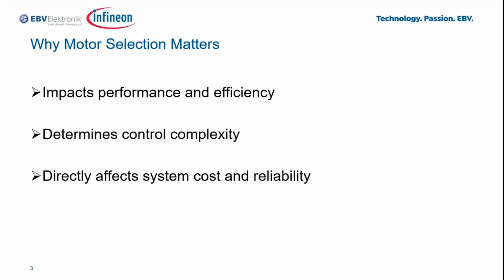With the right selection of the motors, it is not necessary to produce out-of-the-box solutions to achieve the requirements of the control. This allows for simplicity in control. And the last one directly affects system cost and reliability. Of course, at the end of the day, all these details come together in cost and system reliability and have a direct impact on the result of the project.